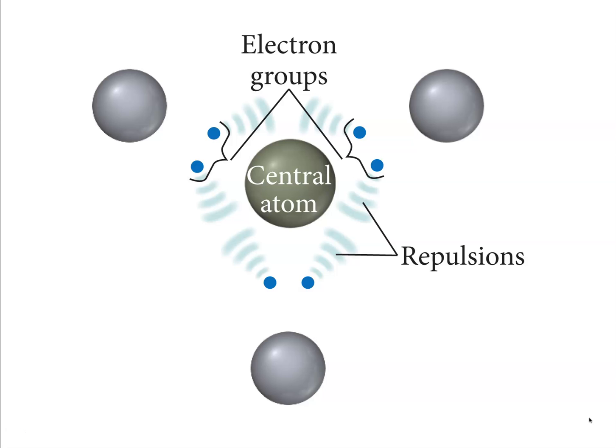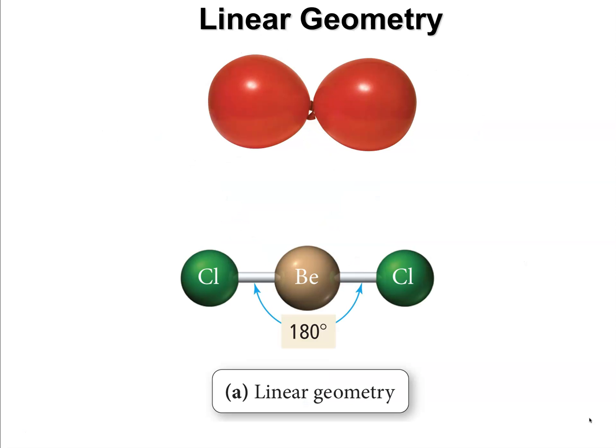Due to that repulsion of these electron groups, sometimes called electron domains, we get the different shapes that exist for both the electronic and molecular geometry.